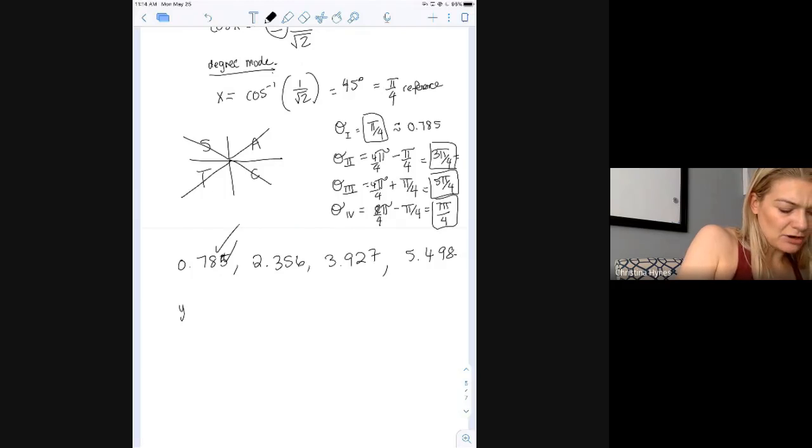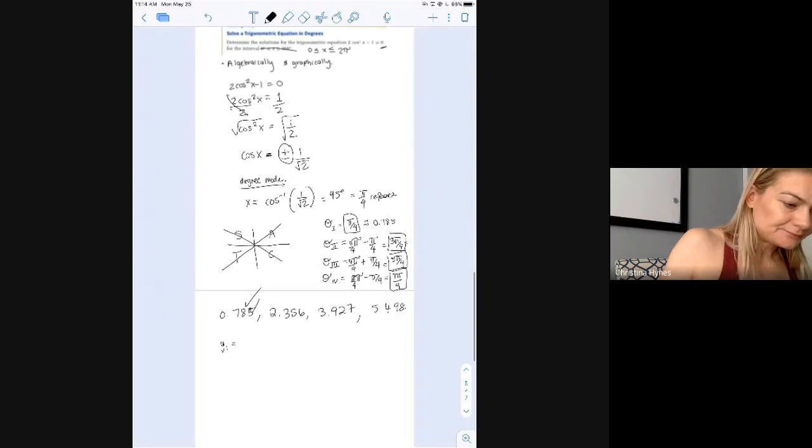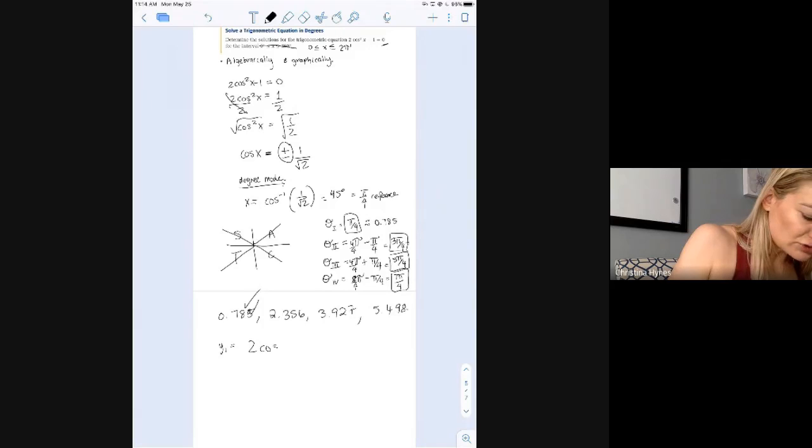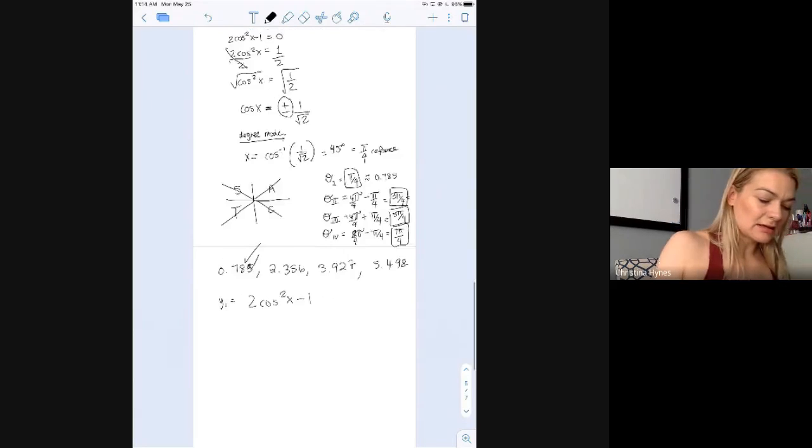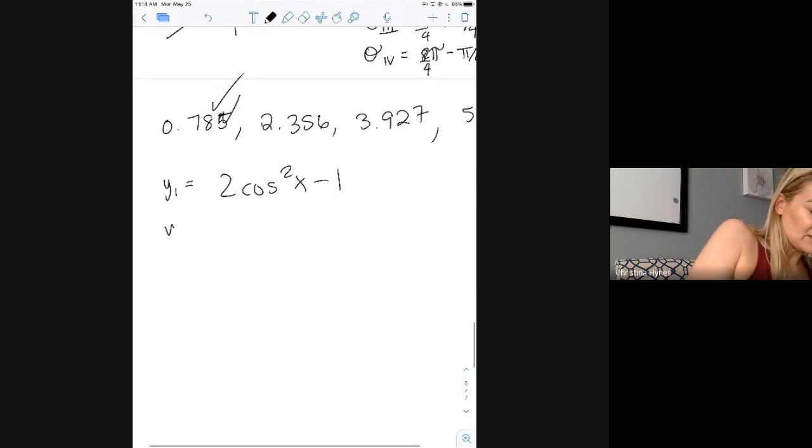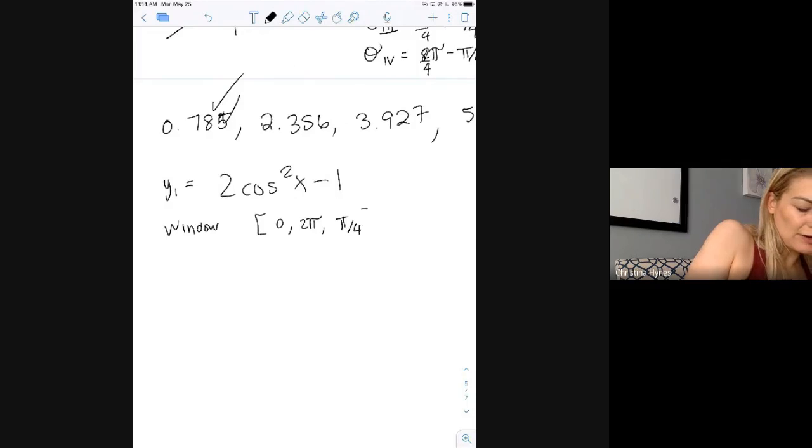So to get full marks, you're just saying y1, I put 2 cos squared x minus 1. The window that I used was 0 to 2 pi, going up by pi over 4, and that was my x window. My y window was -5 to 5, going up by 1.